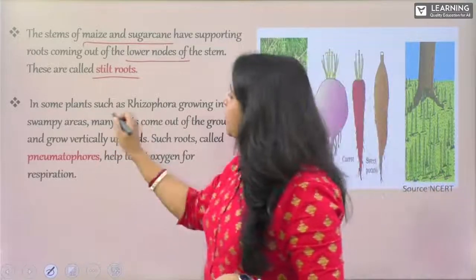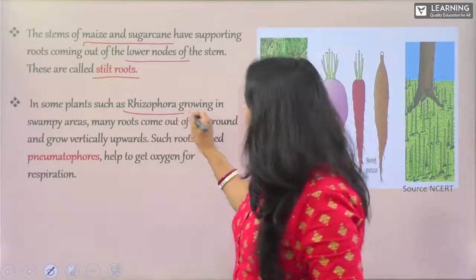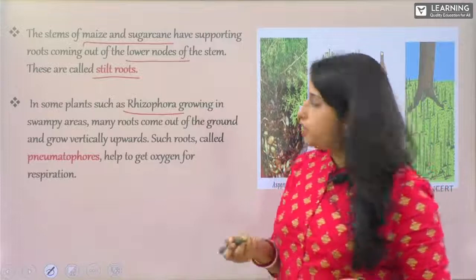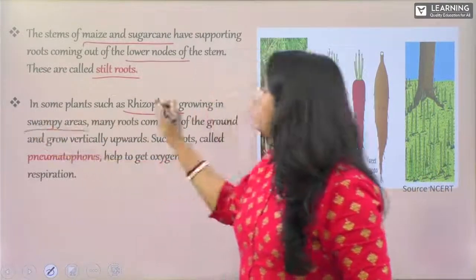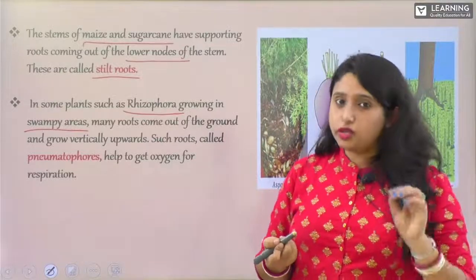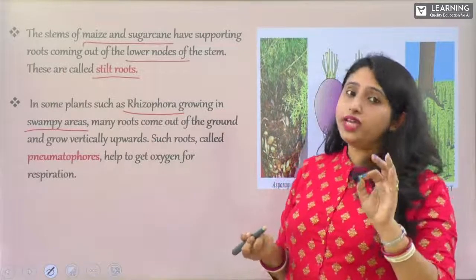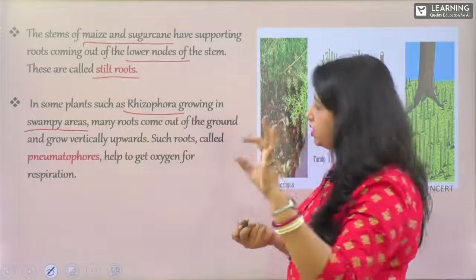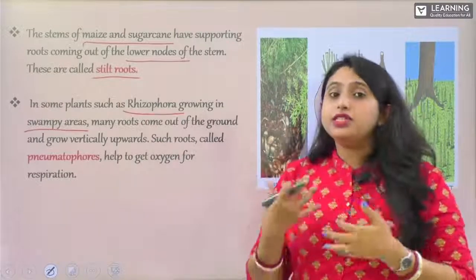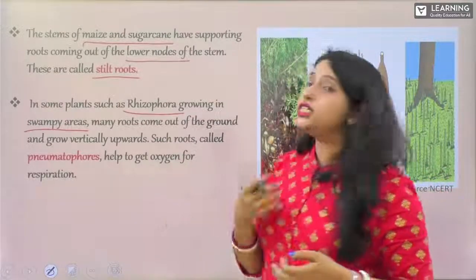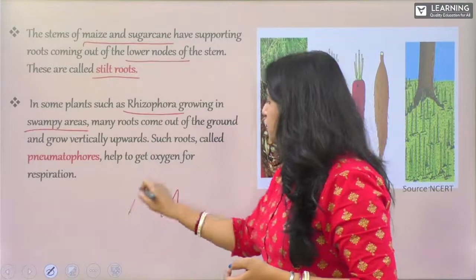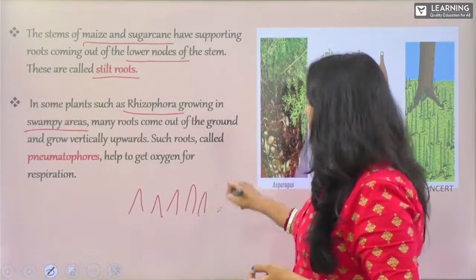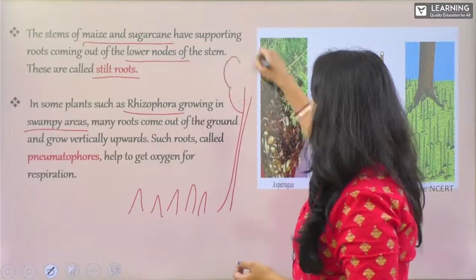In some plants such as Rhizophora growing in swampy areas, many roots come out of the ground. So in Rhizophora, which grows in swampy areas, you will see some of the roots come out vertically upwards. Let's say this is a plant.